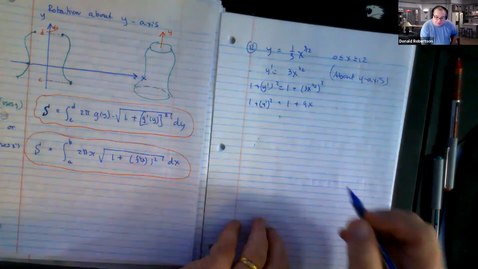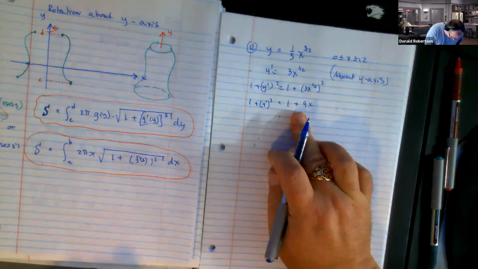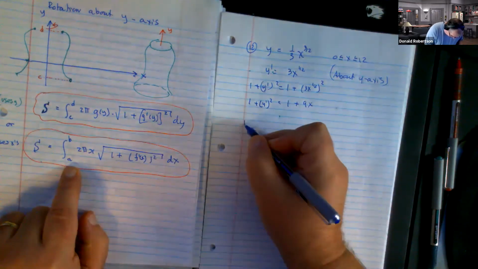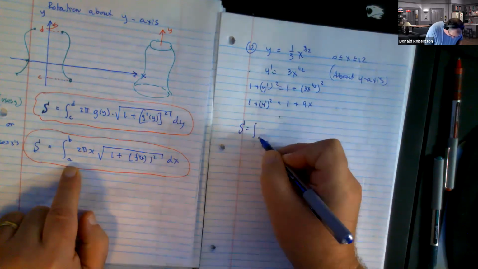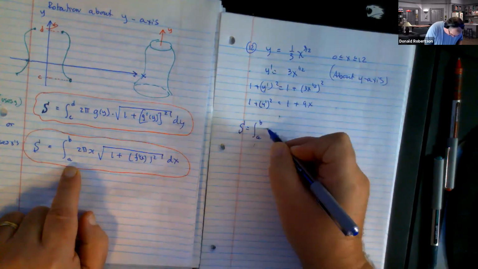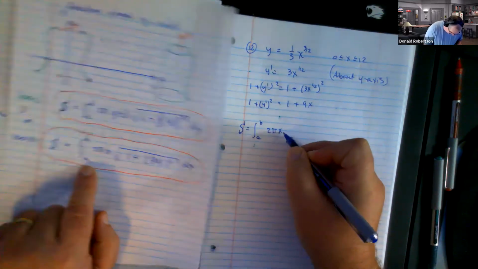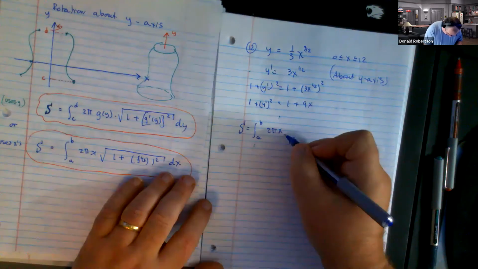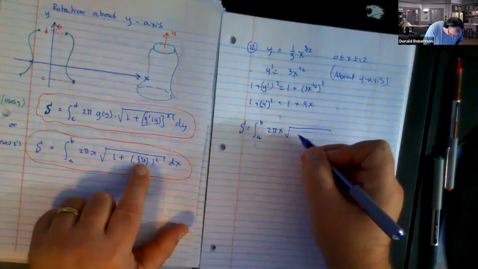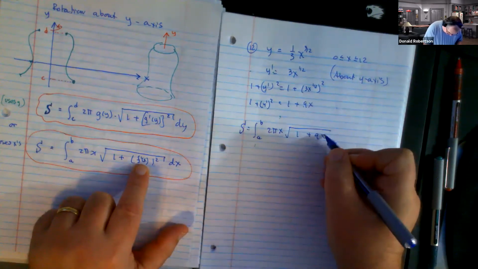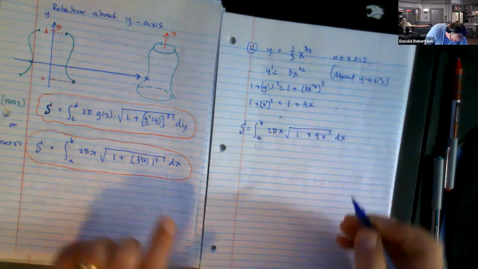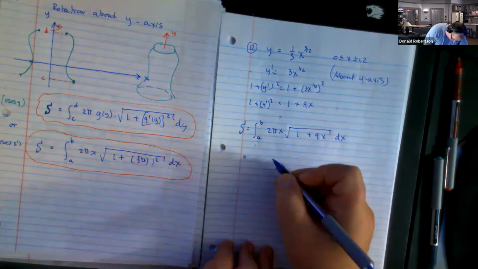Can't really do any more with that, so I'll stop and now use this formula. It's going to be the integral from a to b of 2 pi x, the square root of 1 plus 9x dx, going from 0 to 12.